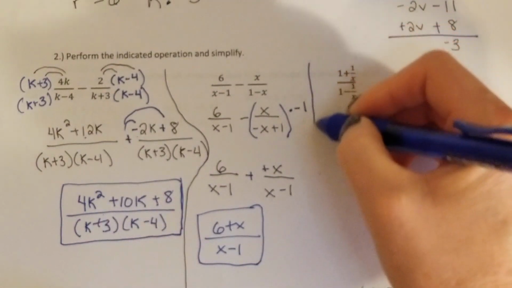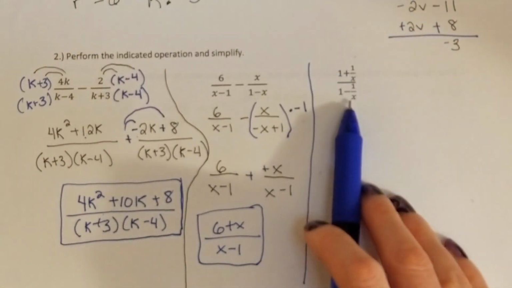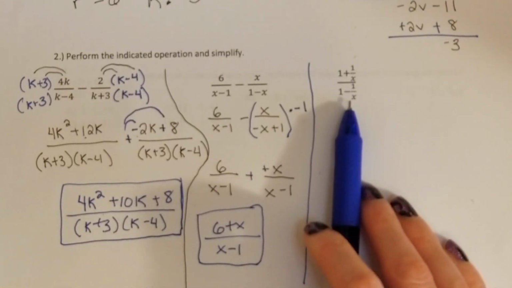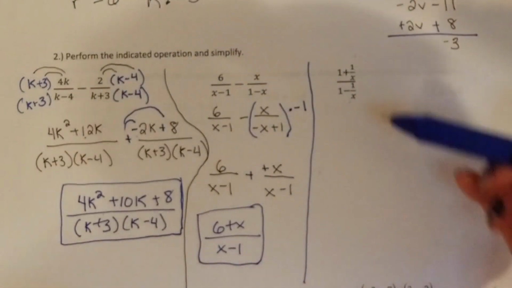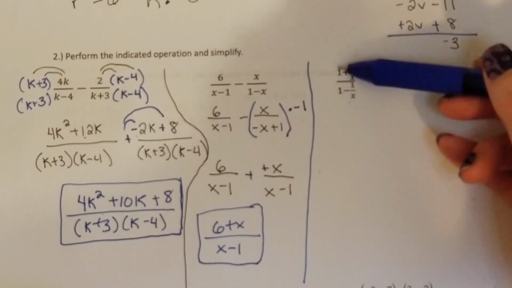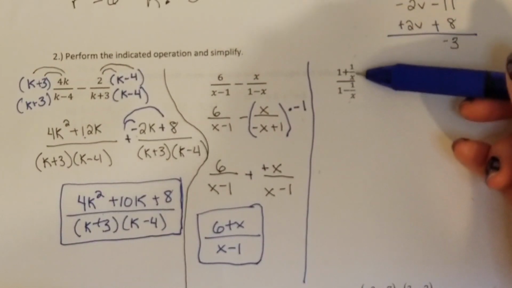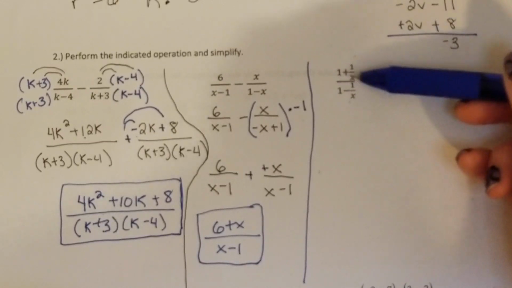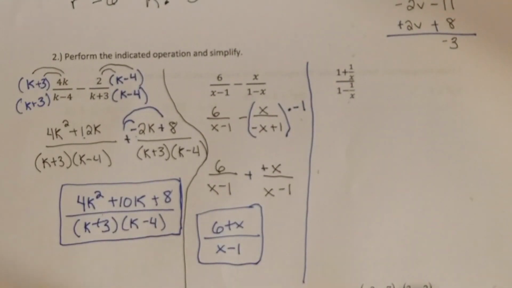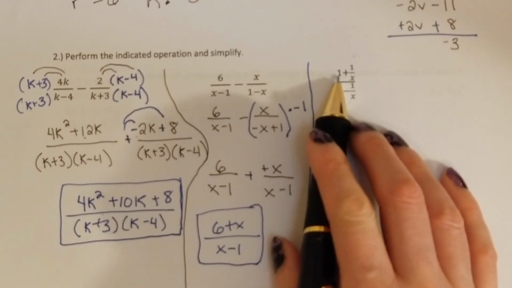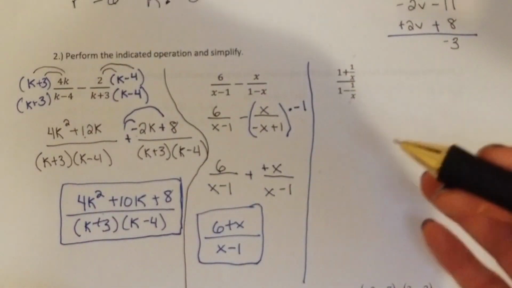Okay, the last one, she definitely likes this problem quite a bit. So what you want to do is get the ones that are by themselves, and make those have the same denominator as what's over here. So you want them to both have x's. So I'm going to make that one, it would be a 1 over 1.